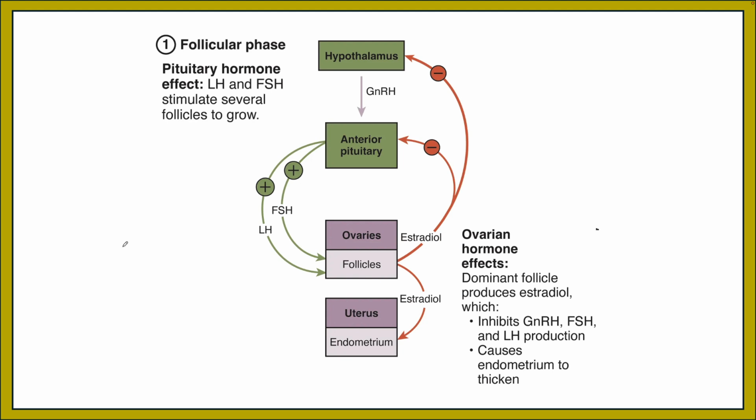The ovarian hormone effects are going to then be that the ovaries are going to produce estradiol, which has a negative feedback inhibition on those, but will also cause the uterus endometrium to thicken.